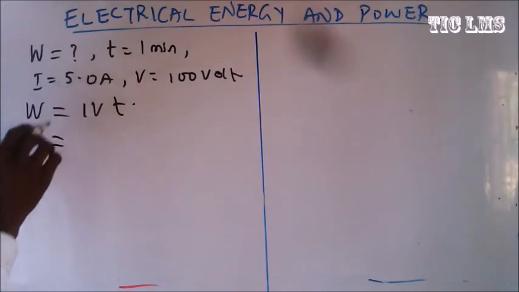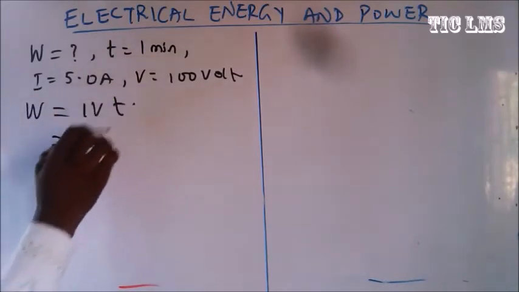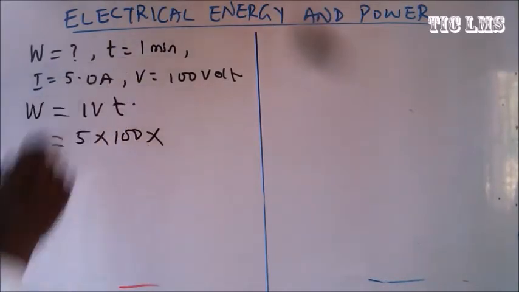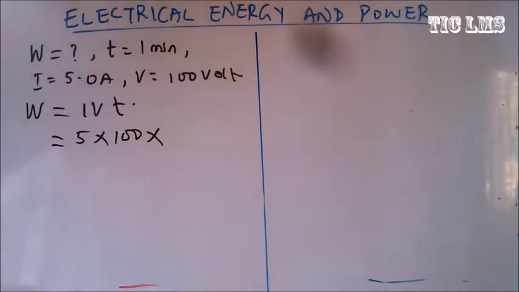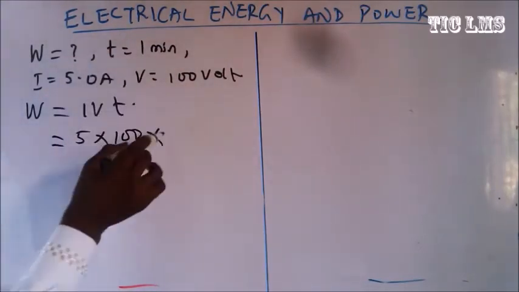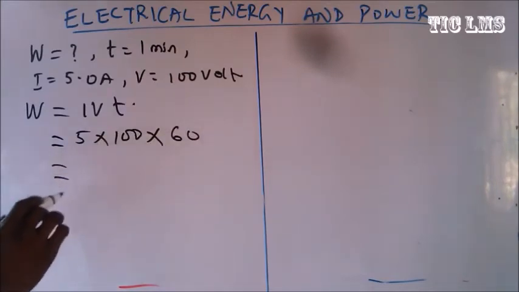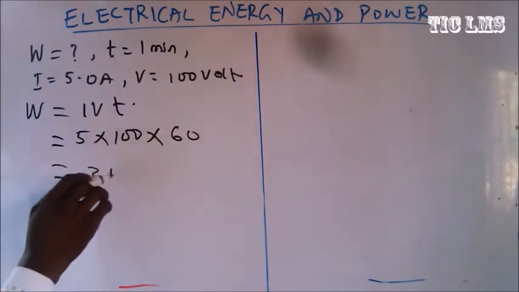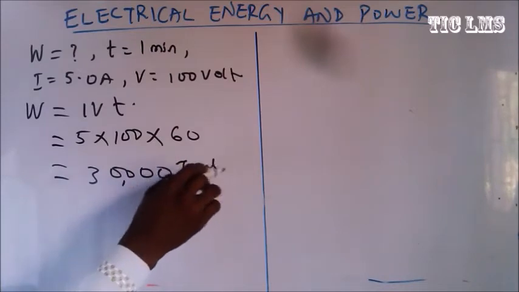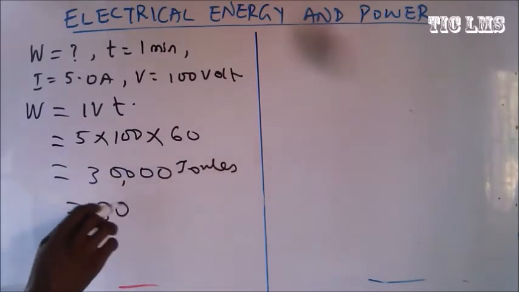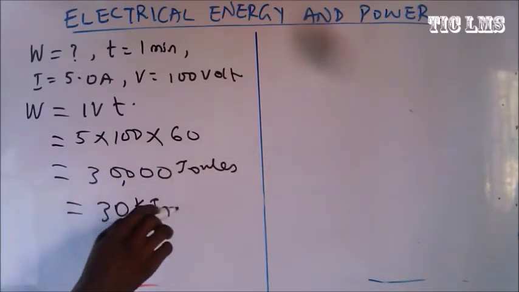The current in this question is 5, the voltage is 100, and the time is 1 minute. And let's take note that we'll convert this 1 minute into seconds because that's the SI unit. So 1 minute into seconds is 60. So when we multiply all this, we'll have it as 30,000 joules, which is the same thing as 30 kilojoules.